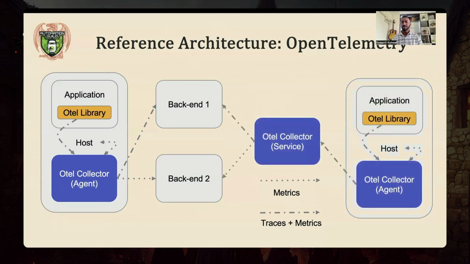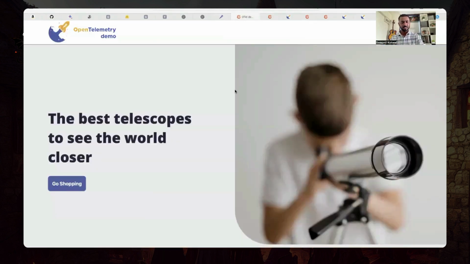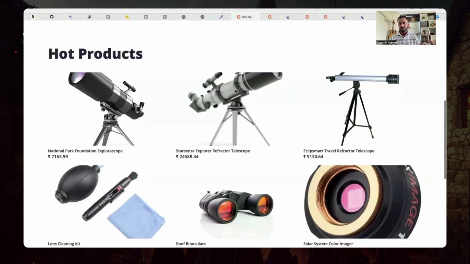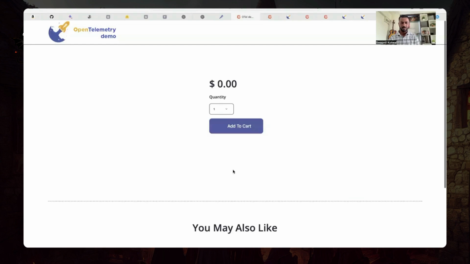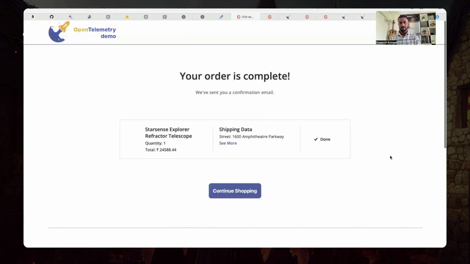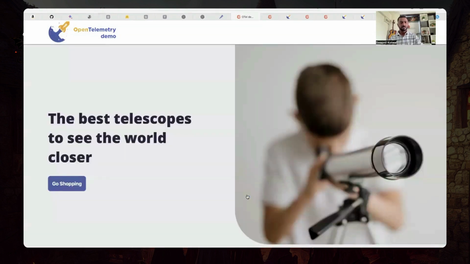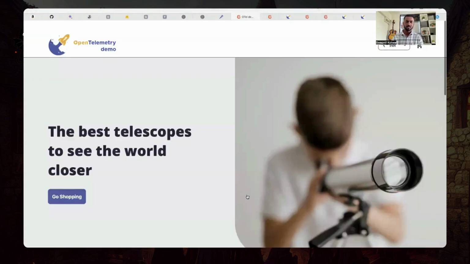If you have multiple programming languages and multiple microservices used to deliver this e-commerce website, where I can go and add telescopes to the cart, review the cart, and place the order, it is all served by multiple microservices.